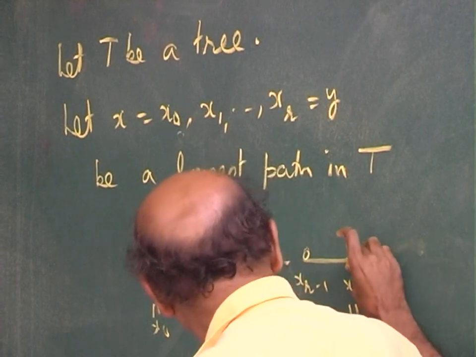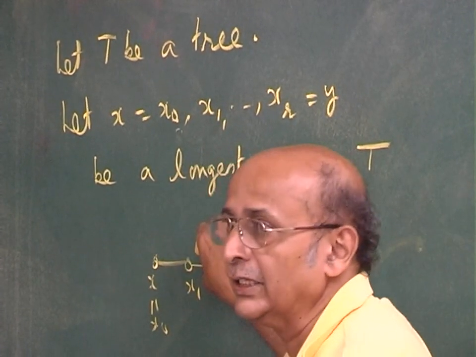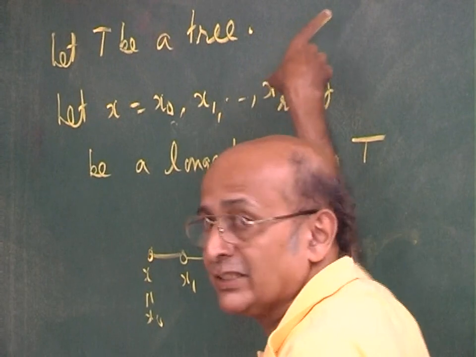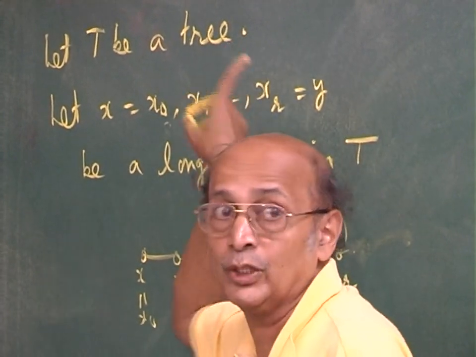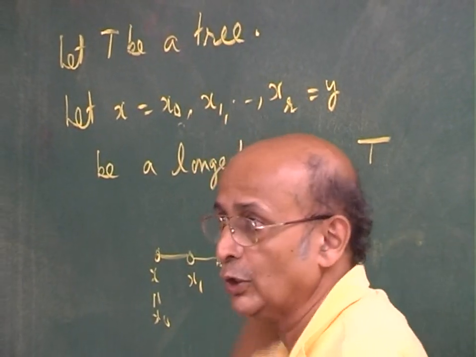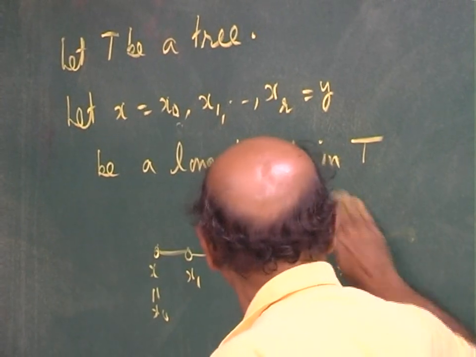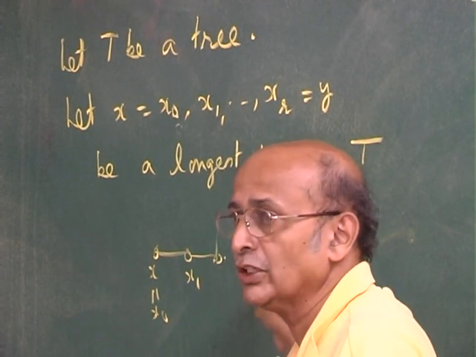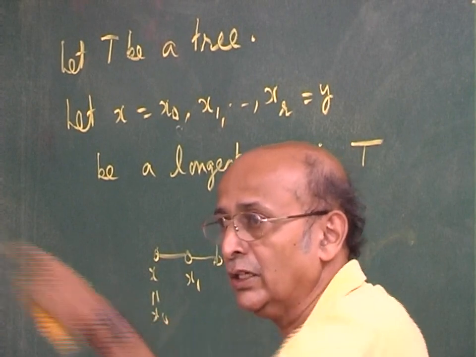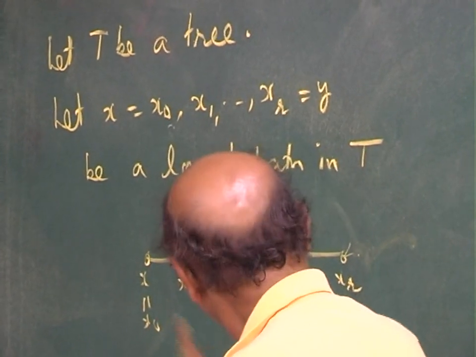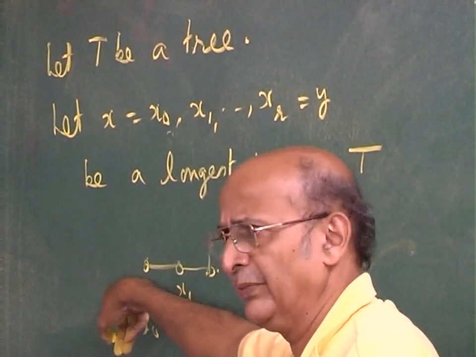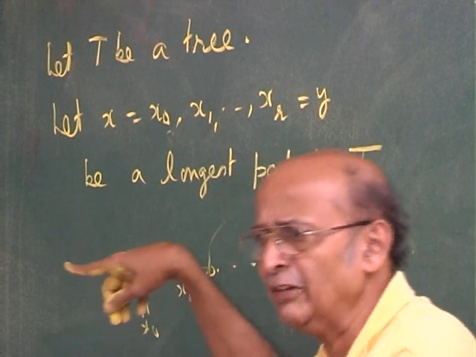If this is not the case, it will have to come back like that. In that case, you create a cycle which is forbidden because you are talking of a tree. Therefore, you cannot really extend this further at all. The same thing is true at the other end, the left end also.